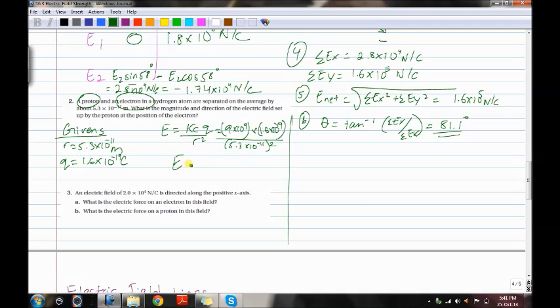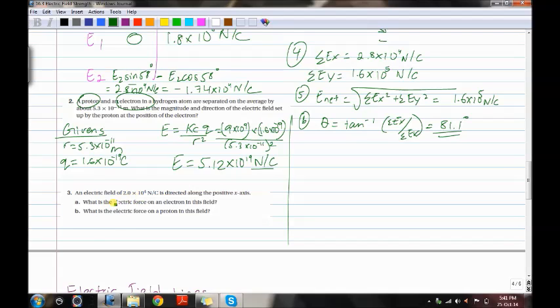So the E will be 5.12 times 10 to the power of positive 19 Newton per coulomb, which is the unit. Now we move on to the third question.